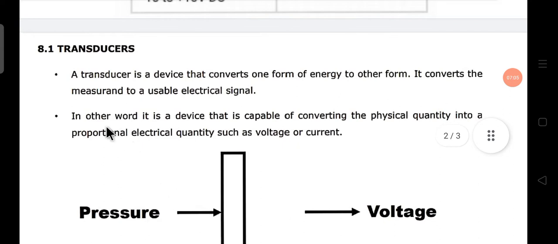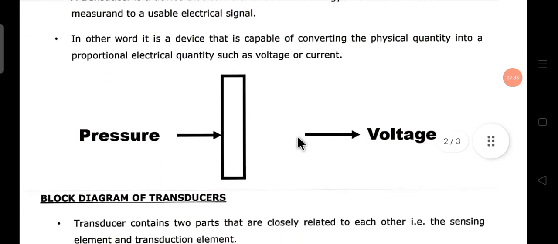Now you see the transducer. A transducer is a device which converts one form of energy to another form. This is the definition, remember this. It converts the measurand to a usable electrical signal. In other words, it is a device capable of converting a physical quantity into an electrical quantity such as voltage or current.